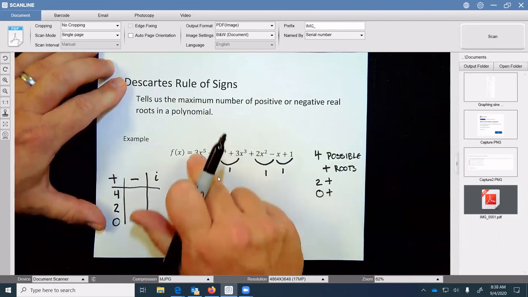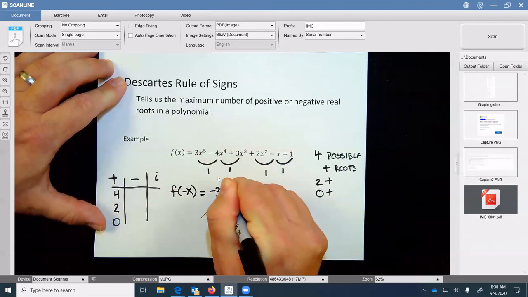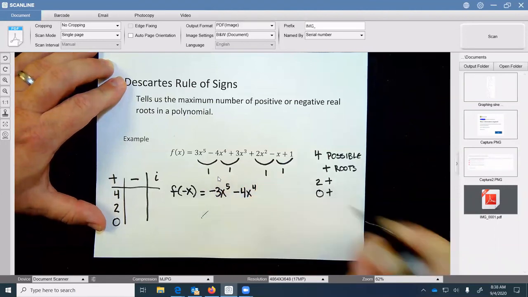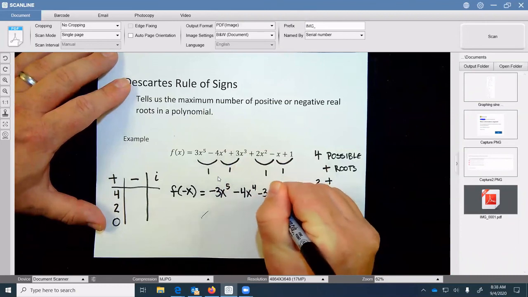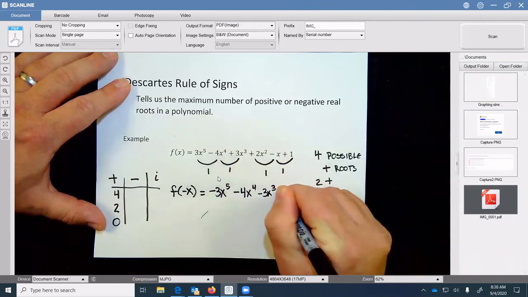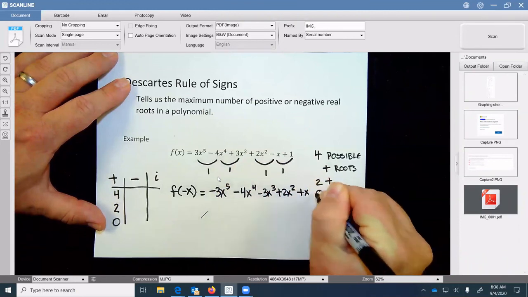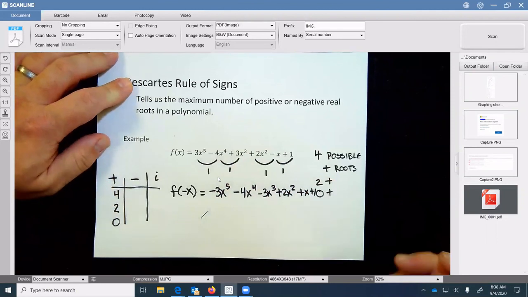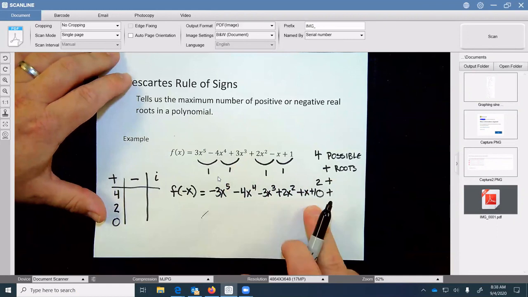So if I plug negative x in here, this becomes negative 3x to the 5th. That's an even exponent, so it doesn't change. That's an odd exponent, it changes. Even exponent, odd exponent, no exponent. So all the ones with an odd exponent change signs.